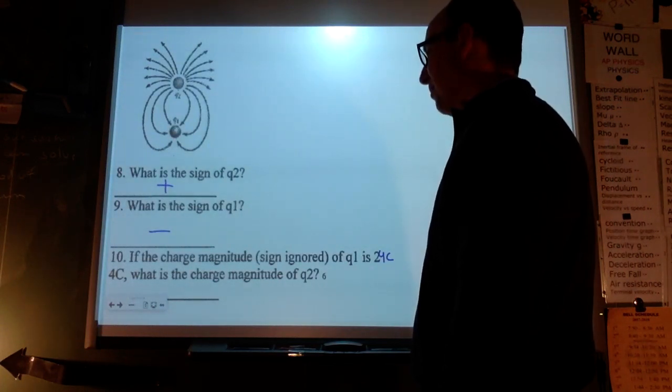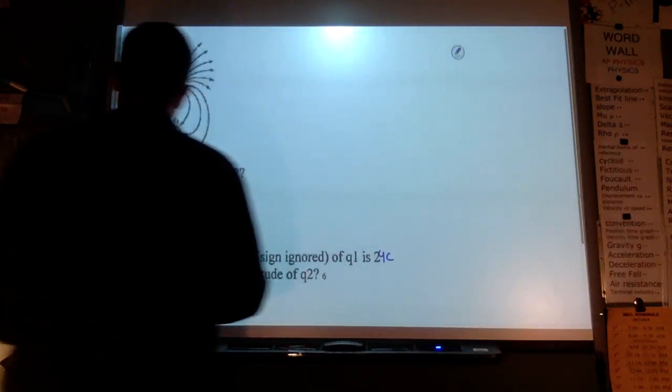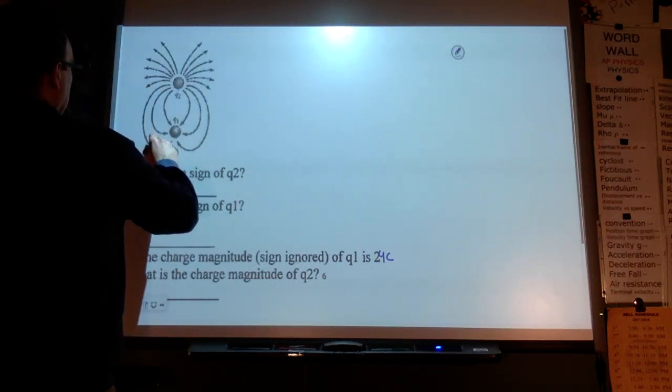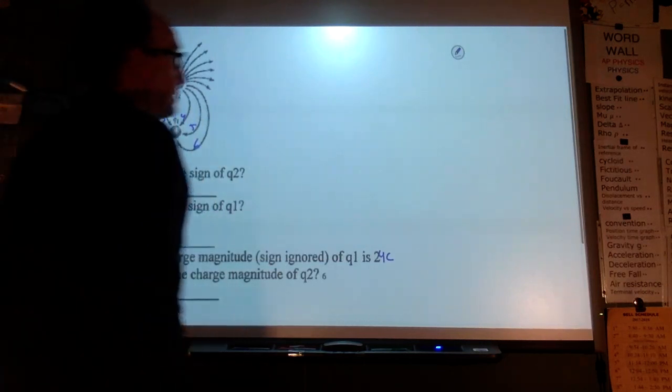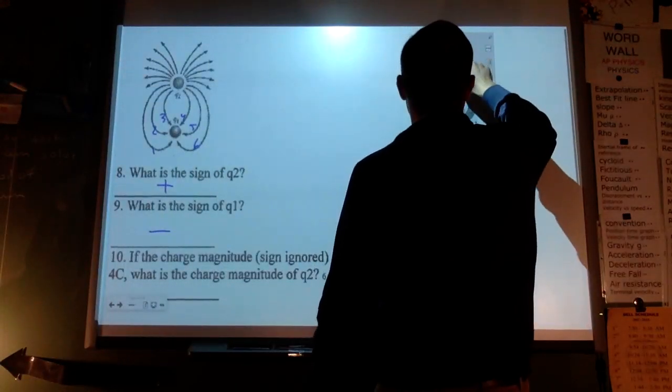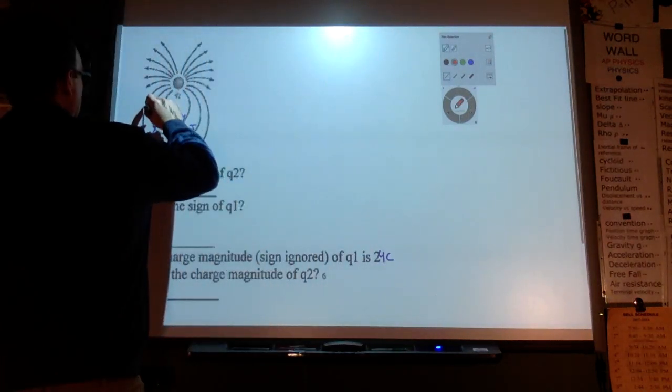It's got to be 2, right? The first problem with this thing. So let's see. So Q1 has 6 field lines that go towards it. Q2 has the same 6 going away from it.